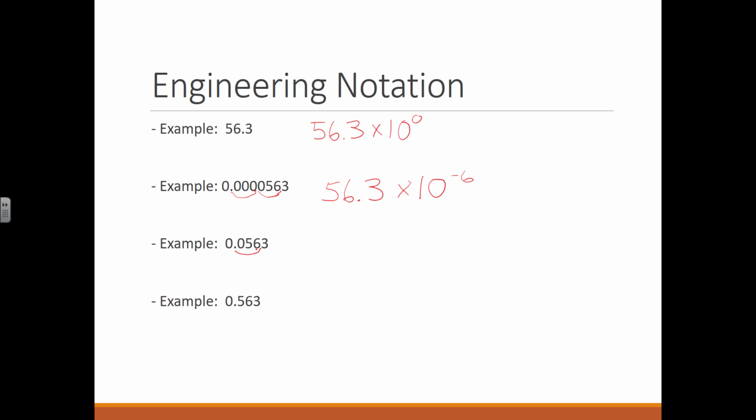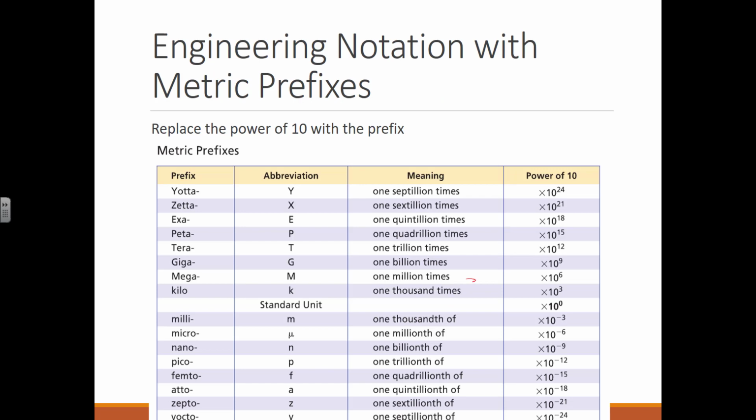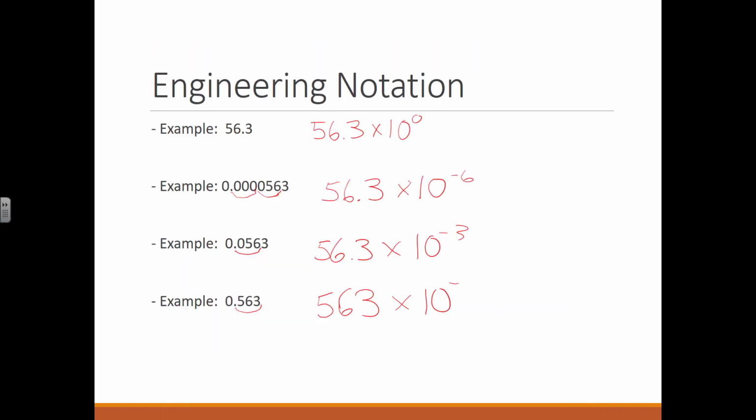This one, 1, 2, 3, and I stop there. 56.3 again, times 10 to the, in this case, the -3rd power. Or this last one, it's not 1 yet, so I'm going to move it 3 times. So 563 times 10 to the -3rd.